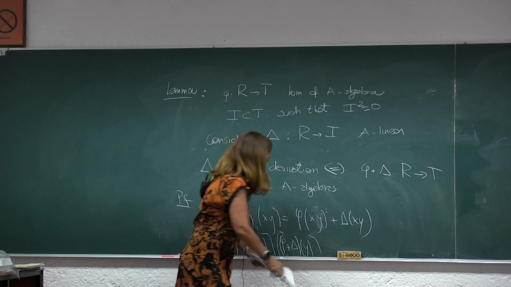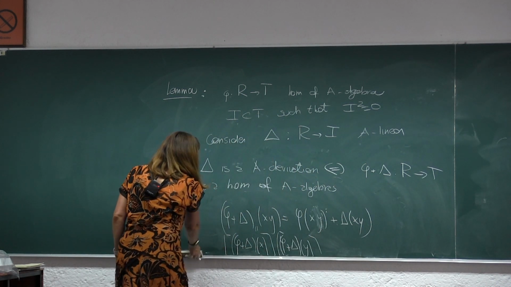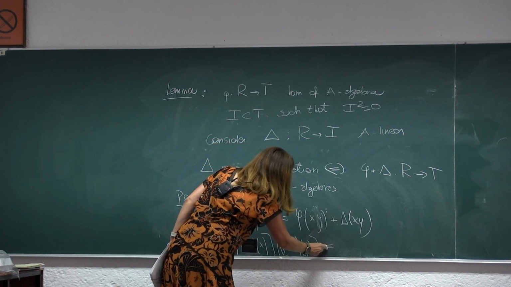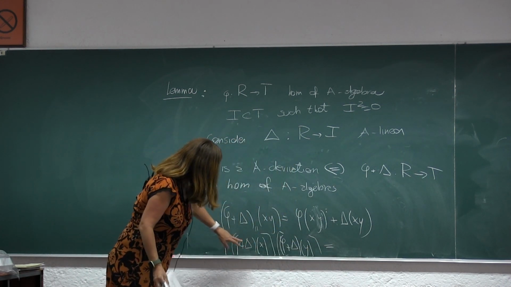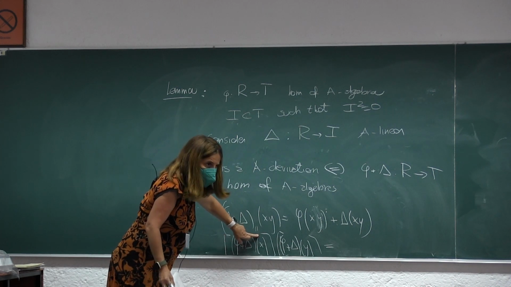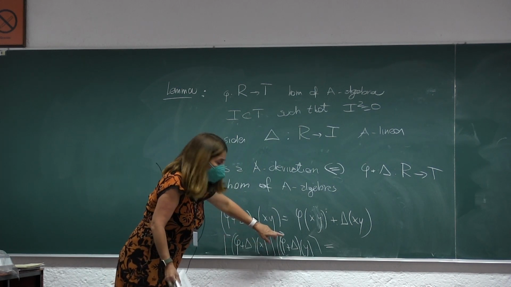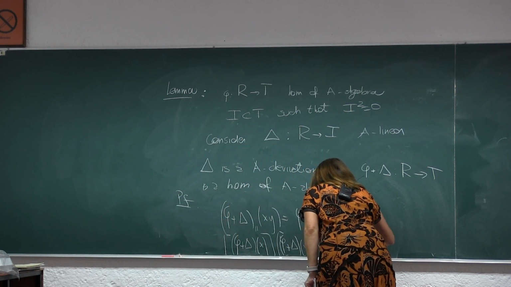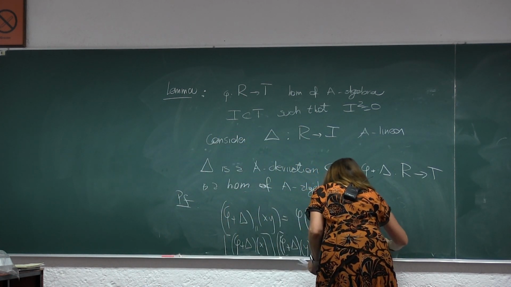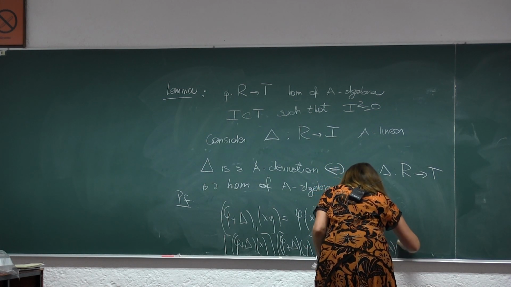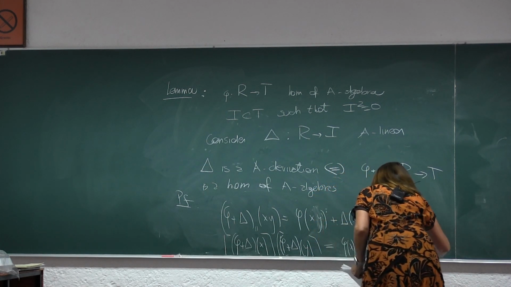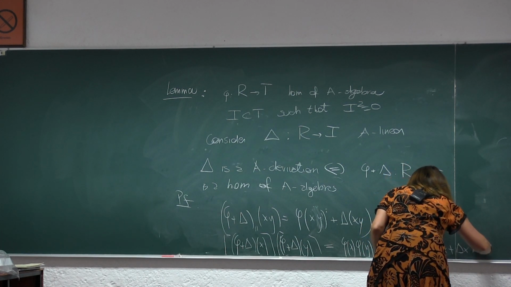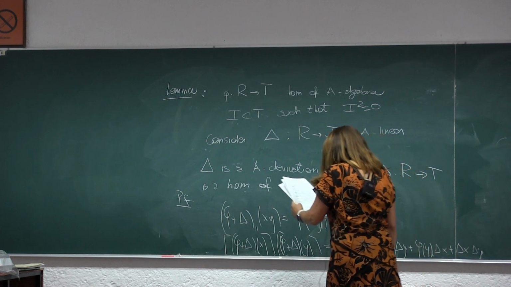Okay? Can you see down there? So this thing is equal to what? It is phi of x plus delta x, times phi of y plus delta y. So I get phi of x times phi of y plus phi of x delta y plus phi of y delta x plus delta x delta y. That's what I get.